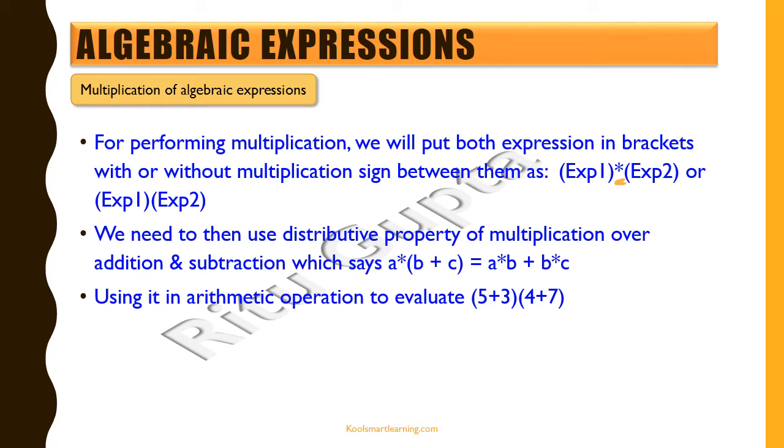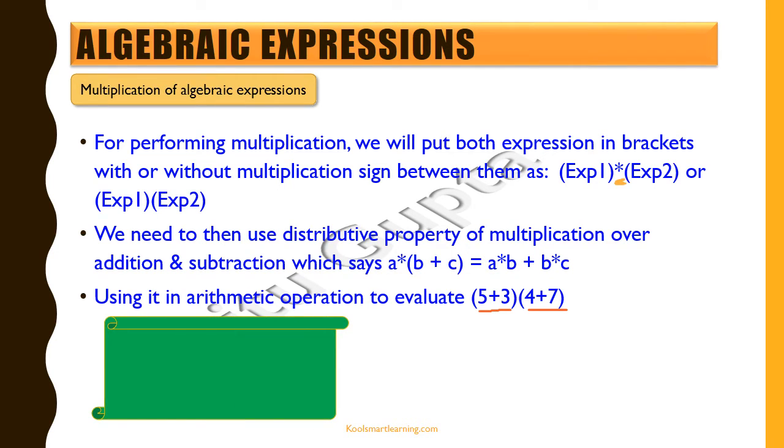Now first of all, we'll see how we do that in an arithmetic operation. So if we have an arithmetic operation of the type 5 plus 3 into 4 plus 7, these are the two numbers to be multiplied, but the numbers are in the form of addition of two numbers. So now let's see what we'll do for that.